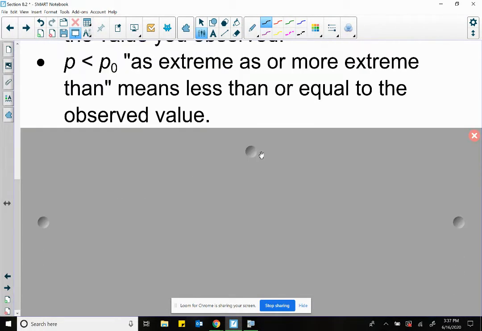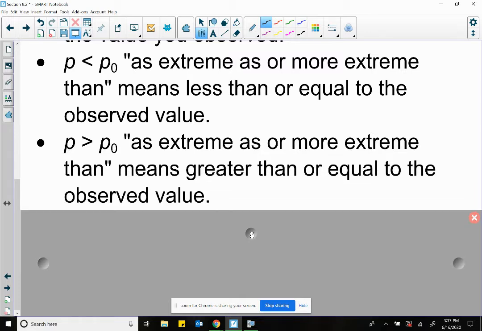And then if it's greater than, you'll get as extreme as or more extreme, which means you'll get greater than or equal to the observed value. So if we're thinking about the Coca-Cola or soda pop problem, 13 out of 20, if it was a less than version, it means that if we repeat this, we will get less than 13 out of 20 or equal to it.